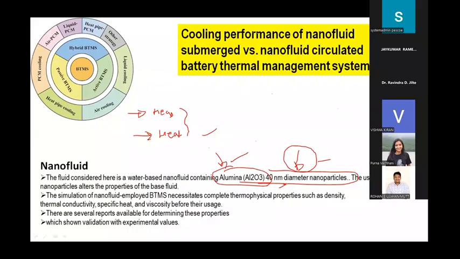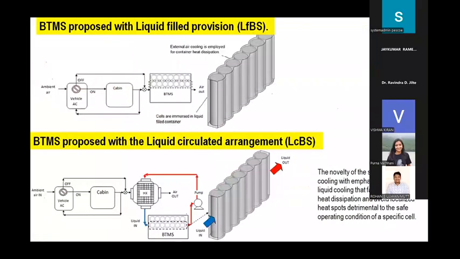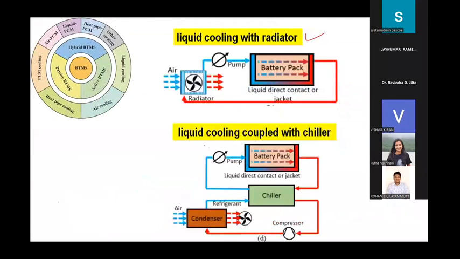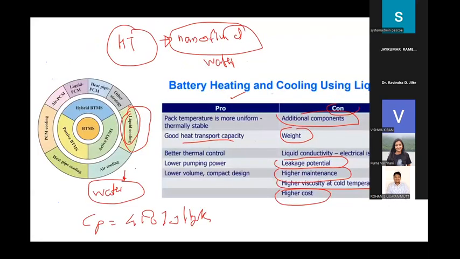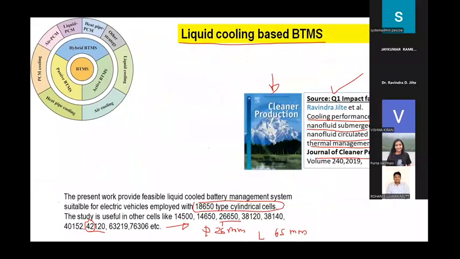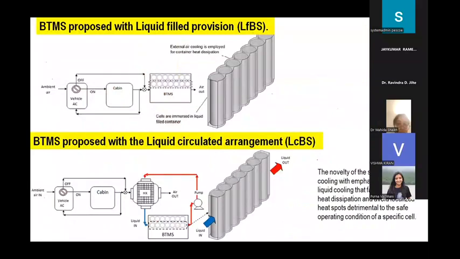So we have used the nanofluids. What we have done is simply utilize this arrangement. Earlier we used air as the cooling media, so we use the same configuration, except that rather than air, we circulate the nanofluid. We provided two options.